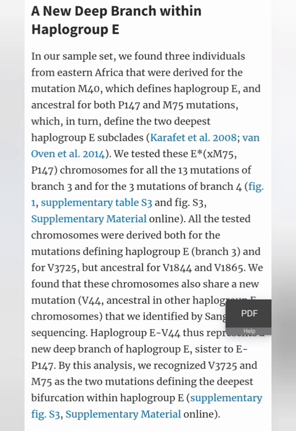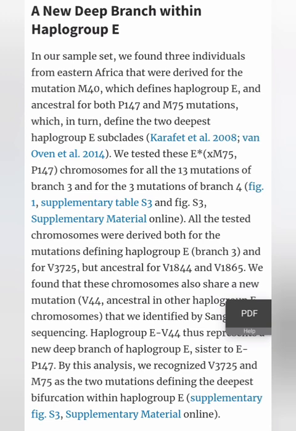Chromosomes were derived both from the mutation defining haplogroup E and for V3725, but ancestral for V1844 and V1865. We found that these chromosomes also share a new mutation for V44 ancestral in other haplogroup E chromosomes that we identified by Sanger sequencing.